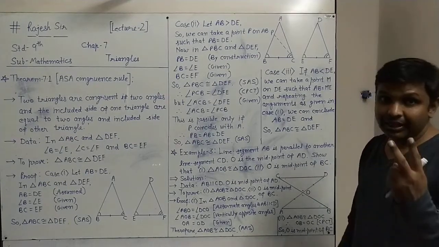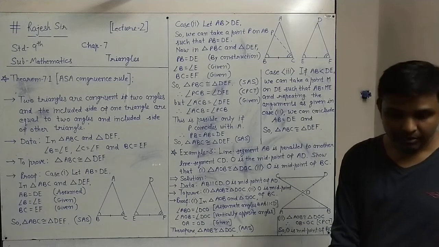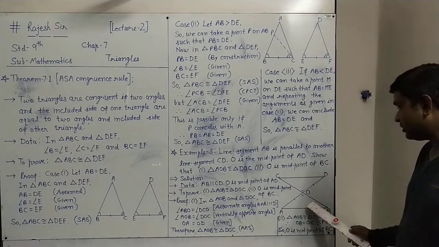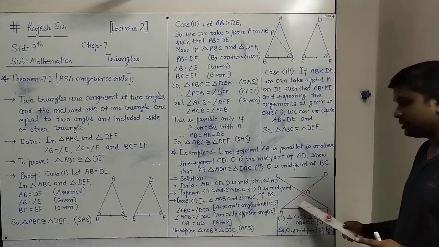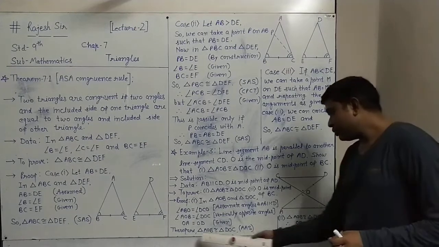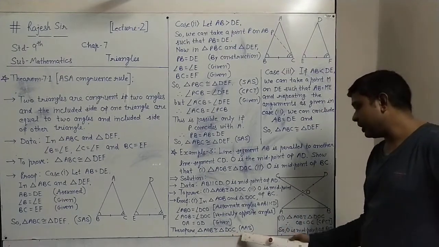If two angles and any one side of one triangle are equal to those of another triangle, then we can say triangle AOB is congruent to triangle DOC by AAS.